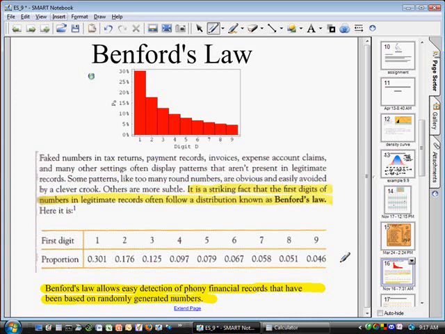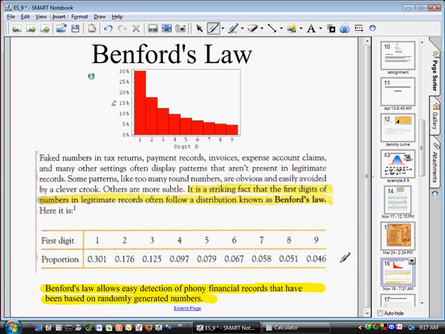It says fake numbers in tax returns, payment records, invoices, expense account claims, and many other settings often display patterns that aren't present in legitimate records. Some patterns, like too many round numbers, are obvious and easily avoided by a clever crook. Others are more subtle.